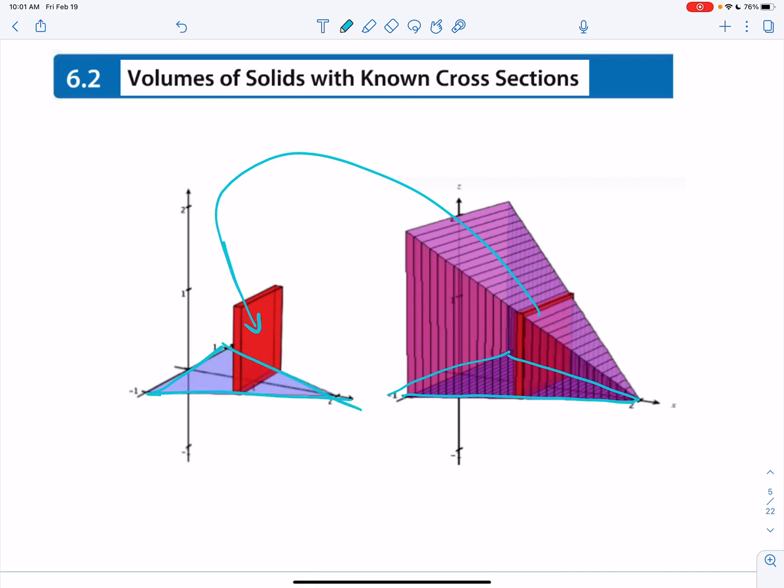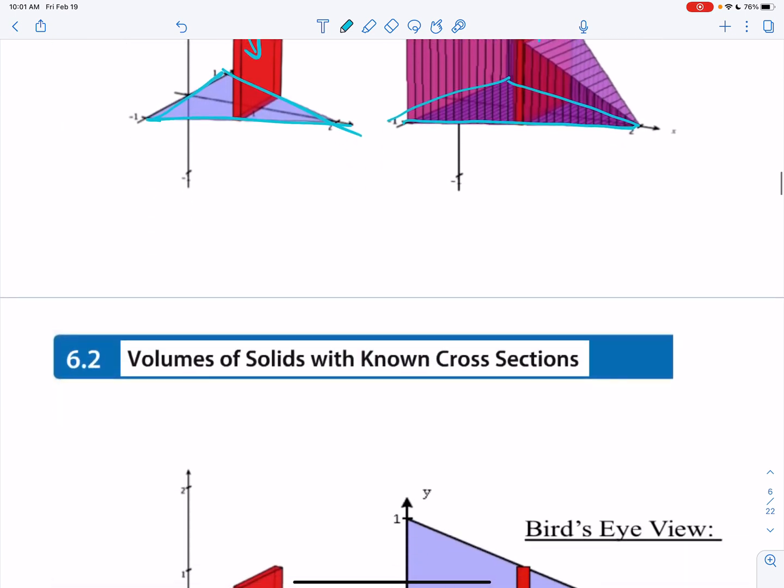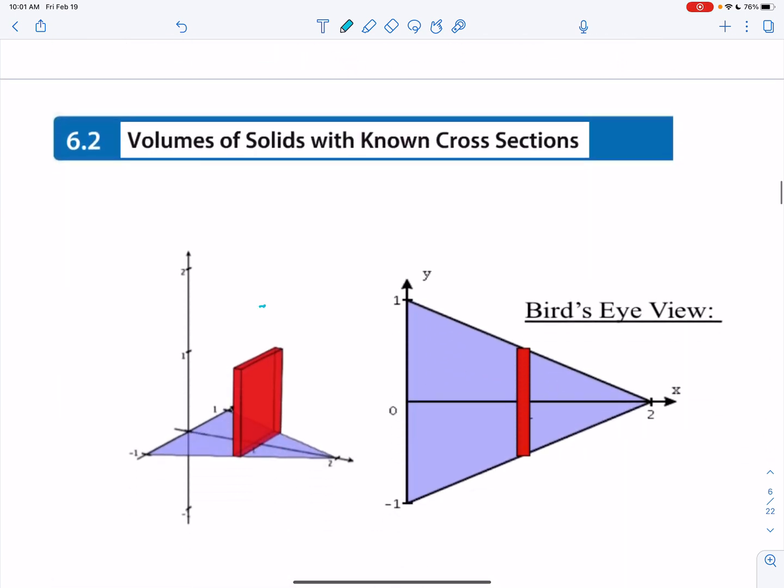All right. So visualize this. If you were to stand up here and you were to look downwards, this is exactly what you would see. This is called our bird's eye view. So if you were standing at the top of it, you're looking down, that red prism now looks like a rectangle because you're looking directly at the top of it. Okay?